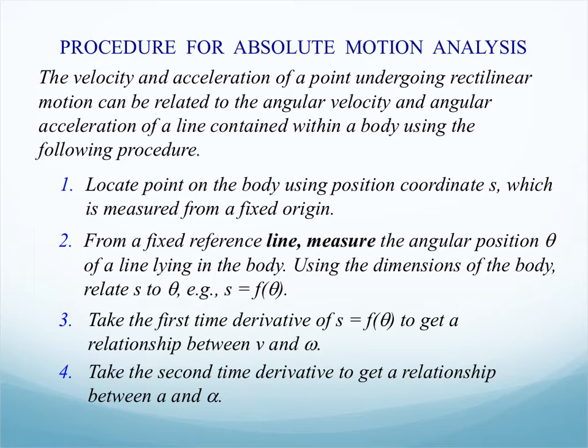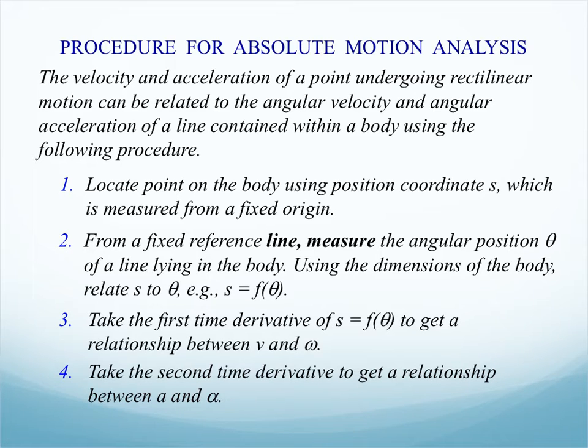So what do we do? First, we find a point on the body, and we label it with a coordinate. Maybe we choose s, and that's going to be measured from some origin. Now, we're going to measure the angular position of a line lying on the body, and somehow we can write a relationship between that position s and the angle.